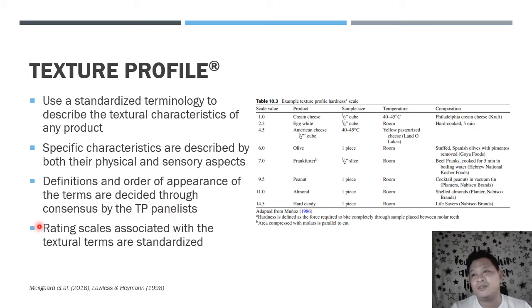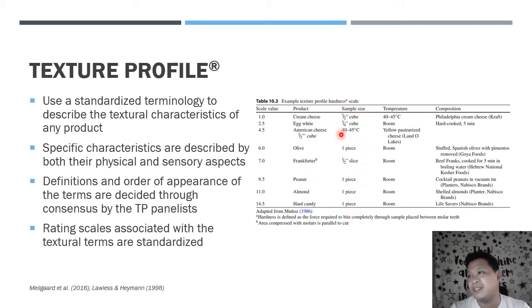Also, in terms of using rating scales, may pagka-standardized din siya. So, here's an example of a texture profile hardness scale. Okay, so take note, meron na siyang numerical values and then ito na yung references mo, including the sample sizes.